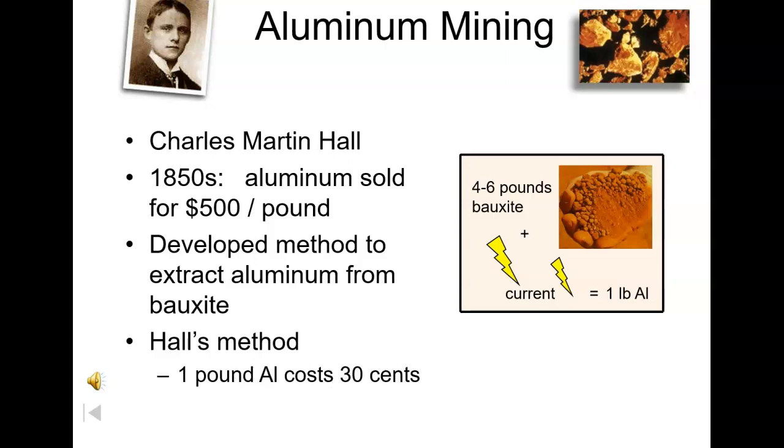So anyone that can come up with a cheap method of producing anything would become rich and famous. In this case, it was aluminum, and because of that, Hall became pretty much known as a father or started the foundation of the aluminum industry in the United States.